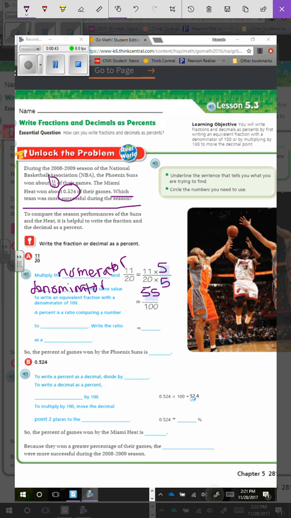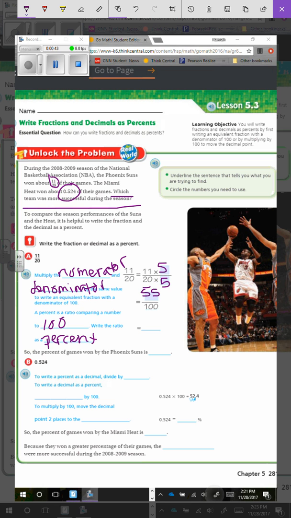So a percent is a ratio comparing a number to 100. We talked about that in lesson 5.1 and 5.2. So we're going to write the ratio as a percent because that will help me compare the two numbers.